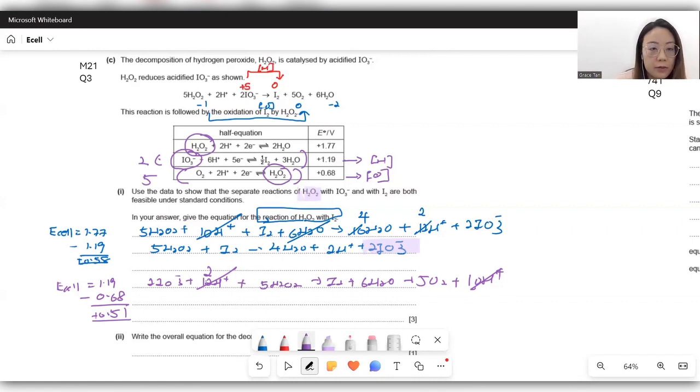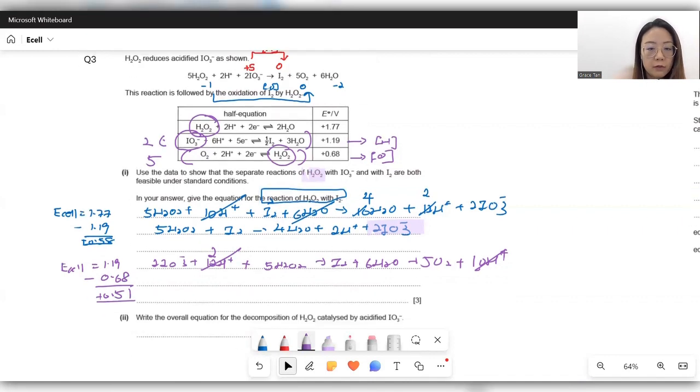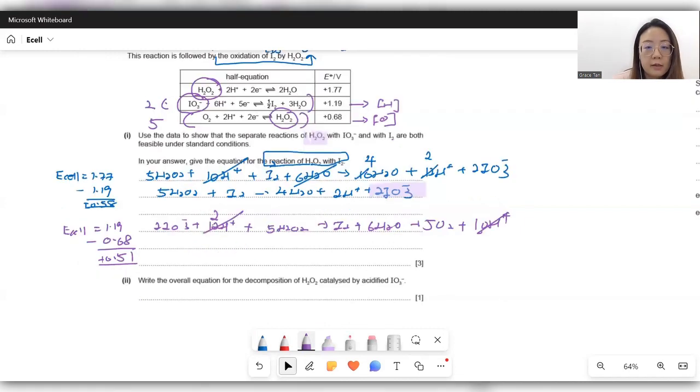Now we have two sets of redox here. Now write the overall equation for the decomposition of H2O2 catalyzed by IO3 minus. What we can do here is add equation 1, which is the blue color, plus equation 2.